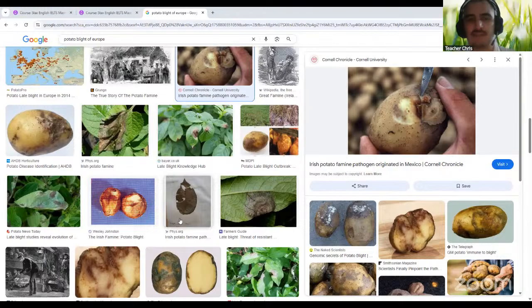Now, if they'd have had a field of potatoes, a field of corn, a field of squash, a field of something else, it wouldn't have spread as easily. It might be that the potatoes were wiped out, but something else survived. Because the thing that kills the potato doesn't necessarily kill the pumpkins. It doesn't kill the corn.